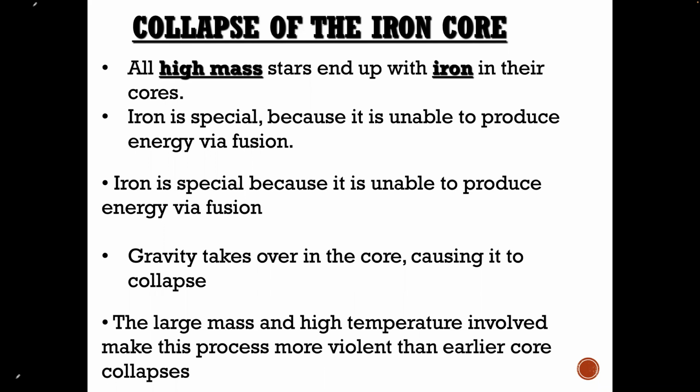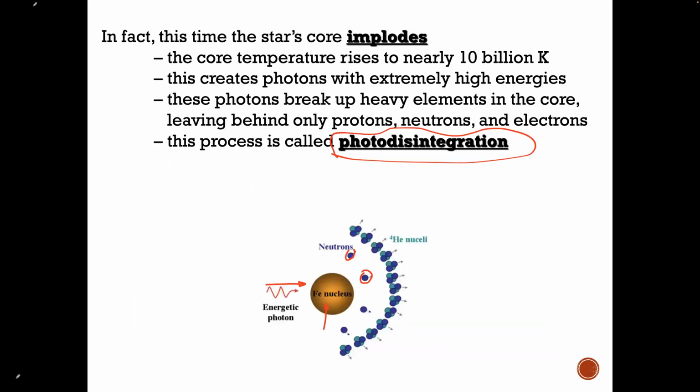So because of that, you will have increasing temperatures at the central region, and as a result, you will have this process called photodisintegration, which will convert all this iron into electrons, protons, and neutrons at the central region.